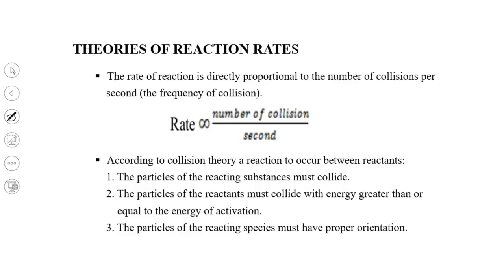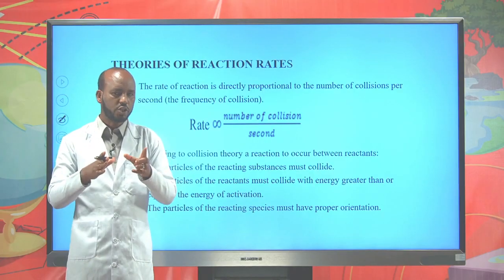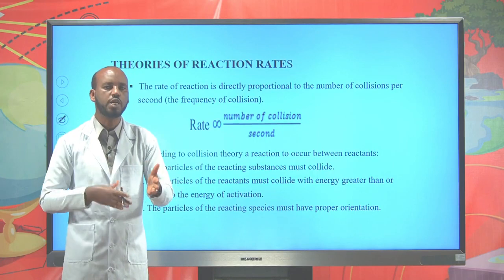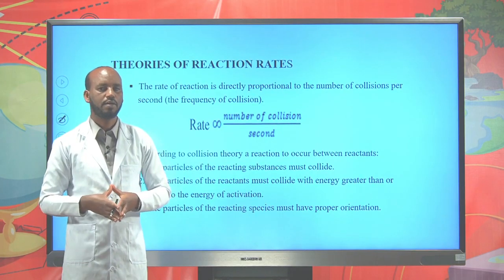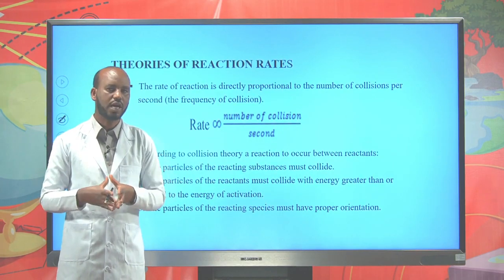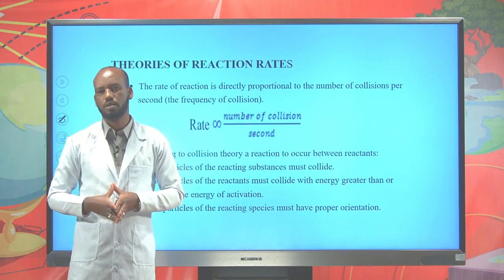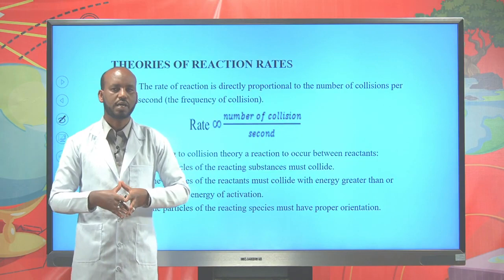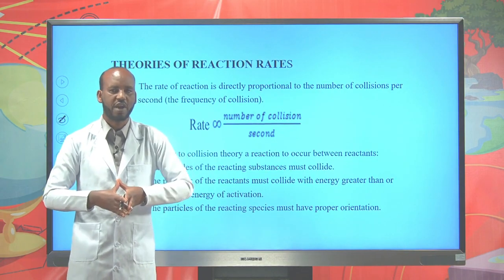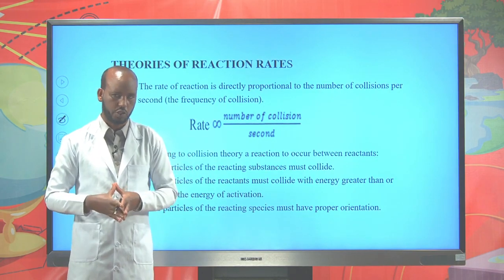According to collision theory, for a reaction to occur between reactants, one, the particles of the reacting substance must collide. For a reaction to take place, there must be collision between reacting species. Note that all collisions do not result in the formation of reaction because collisions are of two types, effective collision and ineffective collision.